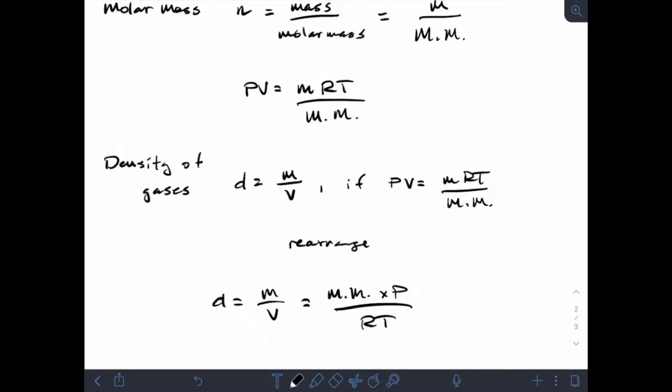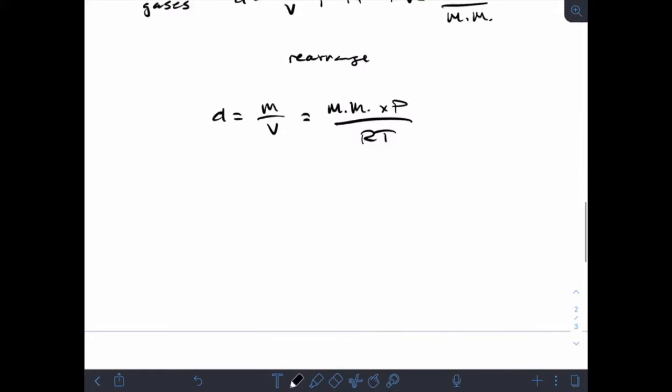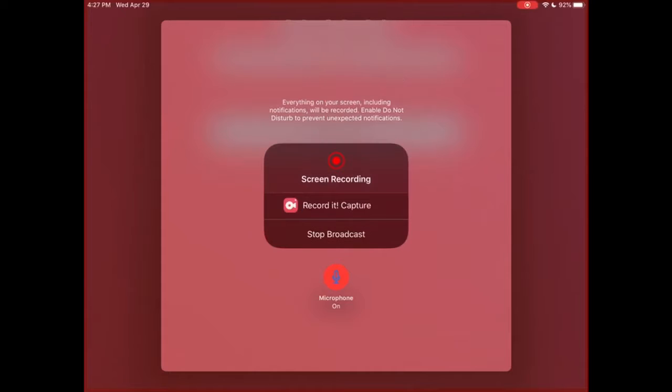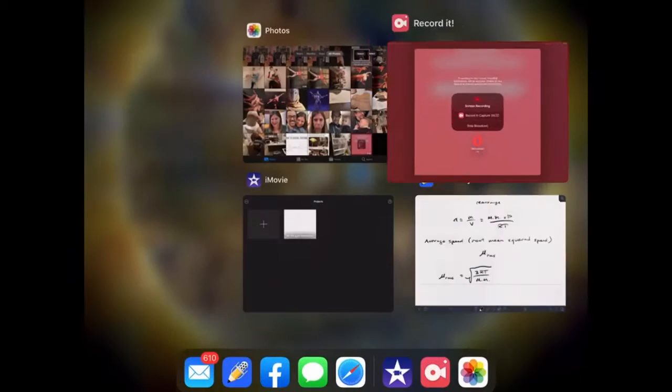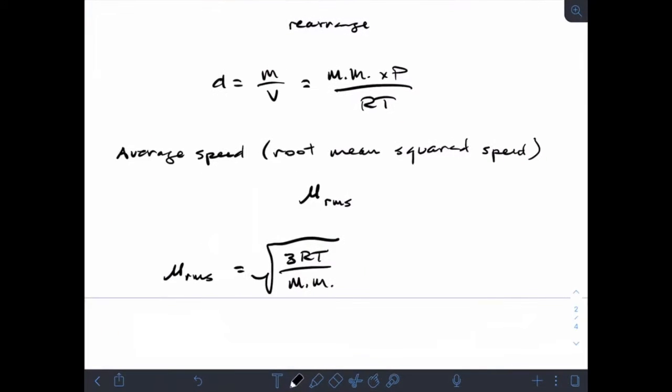Now we're going to switch gears a little bit and talk about the speed of gas particles, because they're always in constant motion. Since we're dealing with energy in relation to kinetic energy, R is no longer the same value.